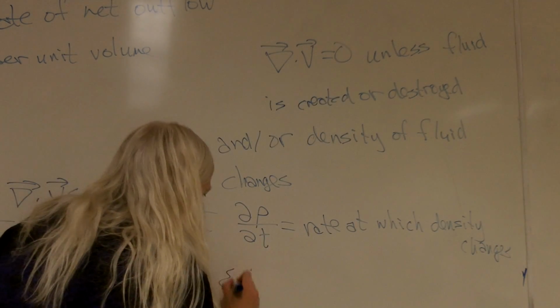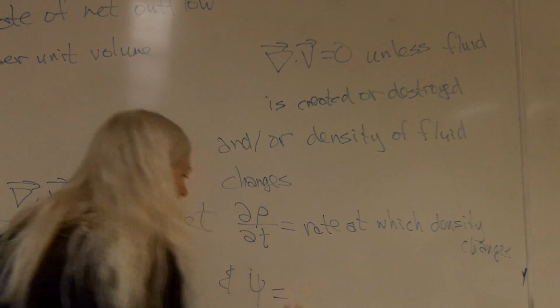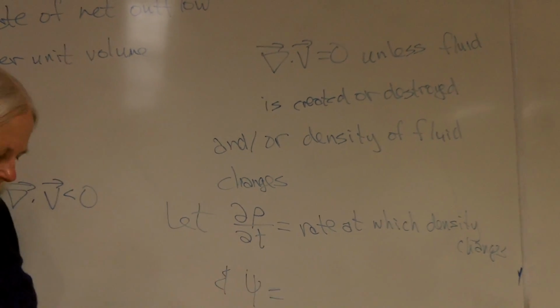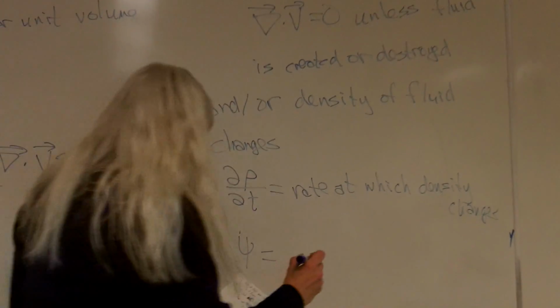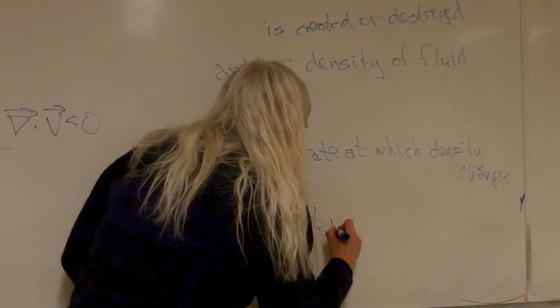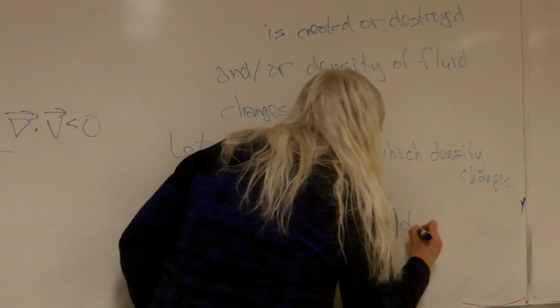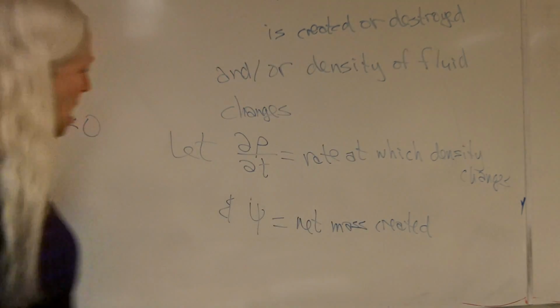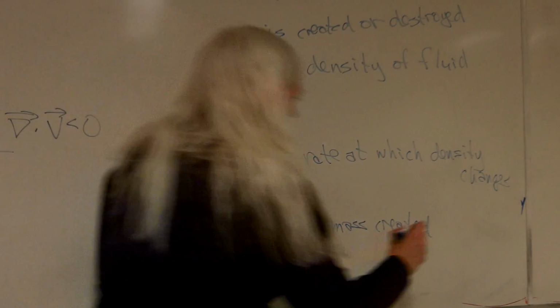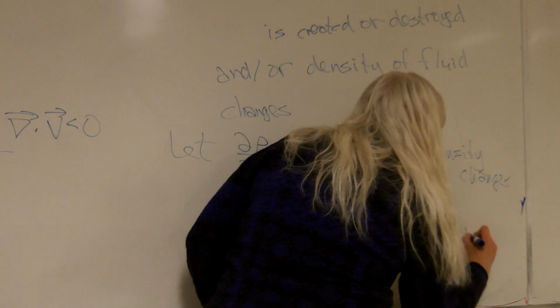And then let's also define, we'll call it the Greek letter psi. This is, let's say, the net mass created. Again, we're imagining creating fluid here. The net mass created per unit time per unit volume.